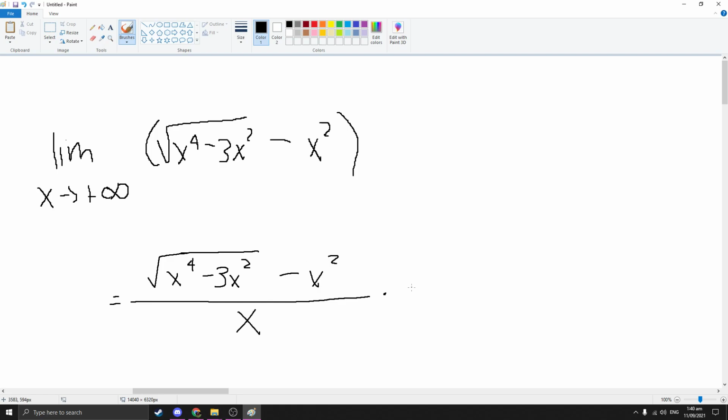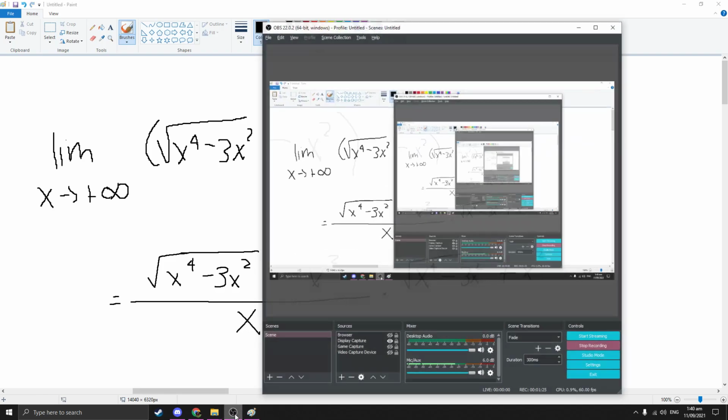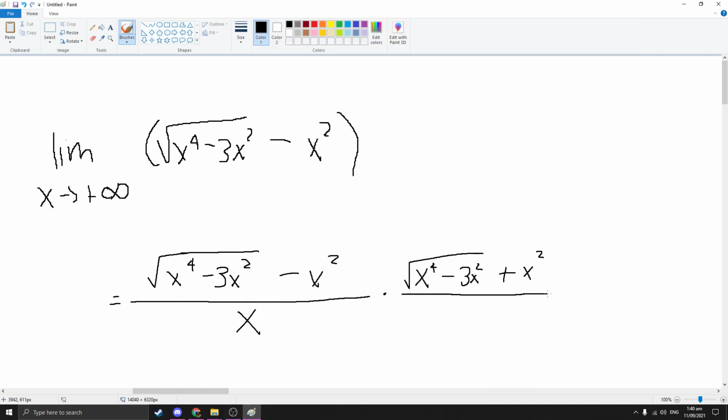Pwede siya i-conjugate. So remember, when conjugating, ang nababago lang is yung sign sa labas ng radical. So itong minus sign na to is magiging x squared. Everybody? X squared. And then, ulitin lang din natin yung same step since itong ay isang conjugation.